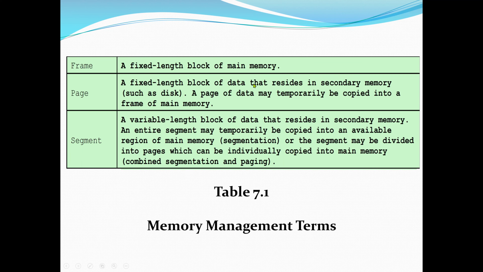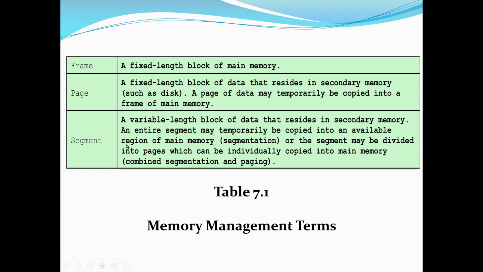So in order for an instruction to be executed or data to be used in execution, if we have it in our secondary memory, we must load it to main memory. A secondary memory is the permanent storage place, such as a floppy disk, Blu-ray, or the hard drive.